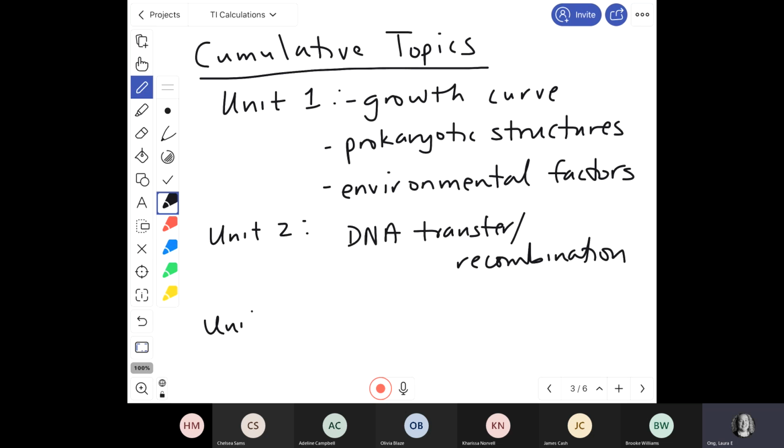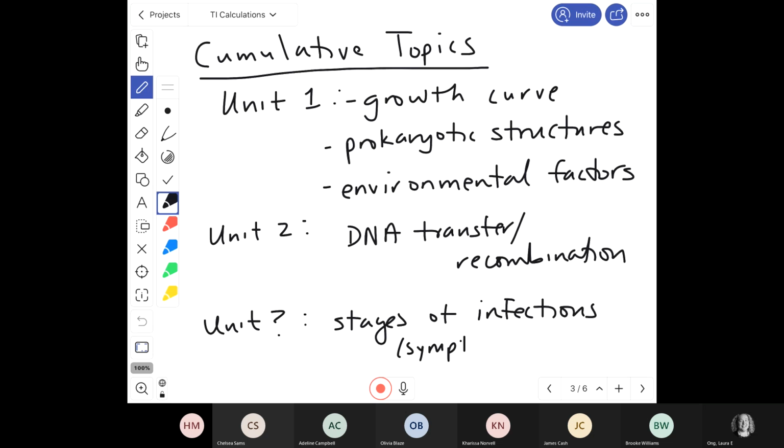And then from, I don't remember what unit it's from, stages of infections, specifically that symptoms graph.